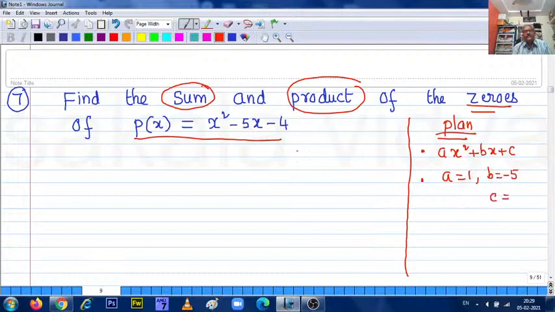The c value is the constant term, that is negative 4. So what do we need to find? Sum. Zeros are denoted by alpha and beta. Sum equals alpha plus beta is equal to minus b by a. And next, product: product is given by alpha beta is equal to c by a. So using these two formulae, we can find the sum and product of the zeros. So let us solve it first.